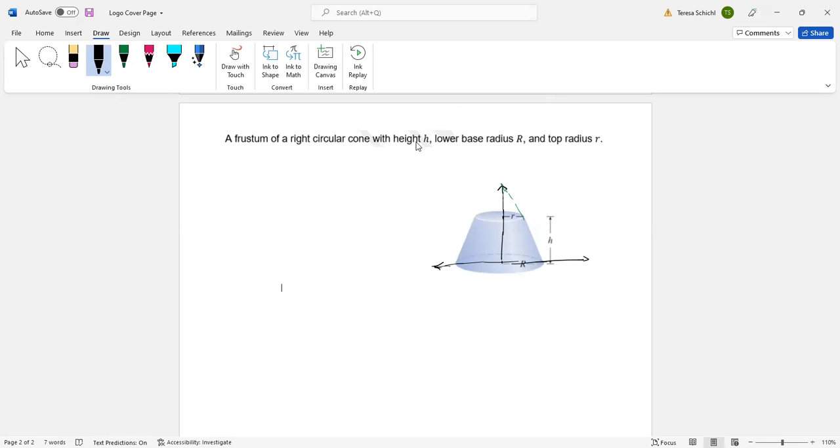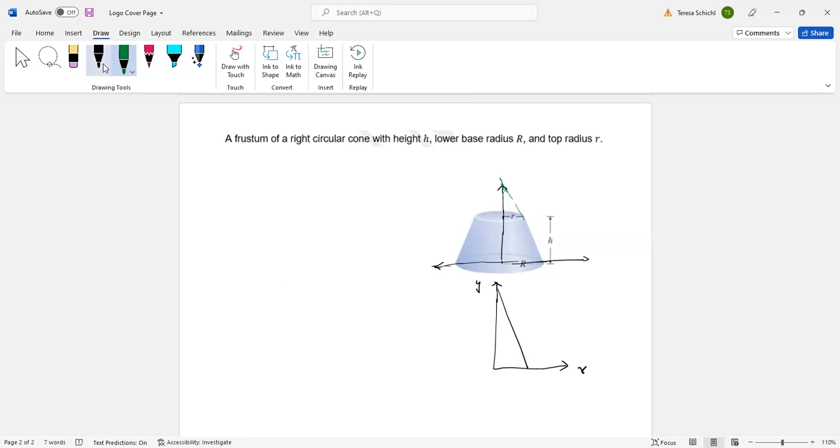Then you can translate this to something like this. This is your y-axis, and this is your x-axis. Imagine that the cone continues and touches the y-axis like that.